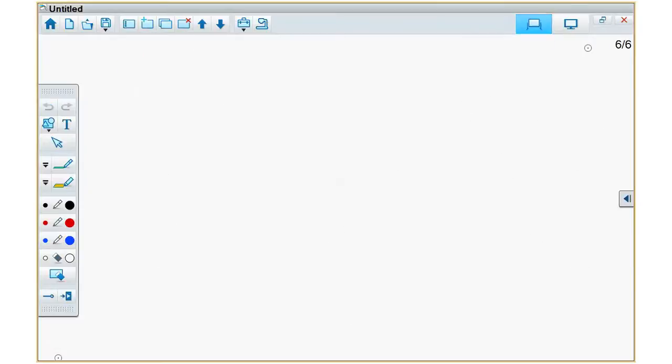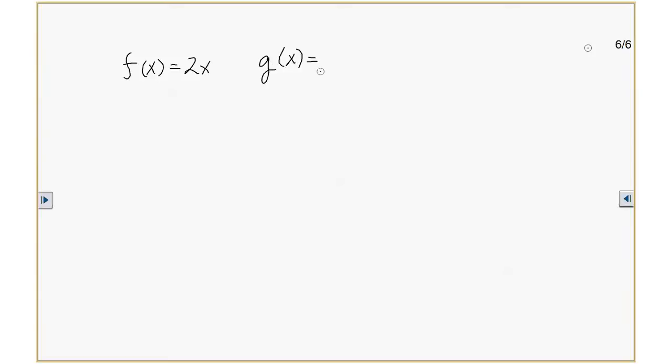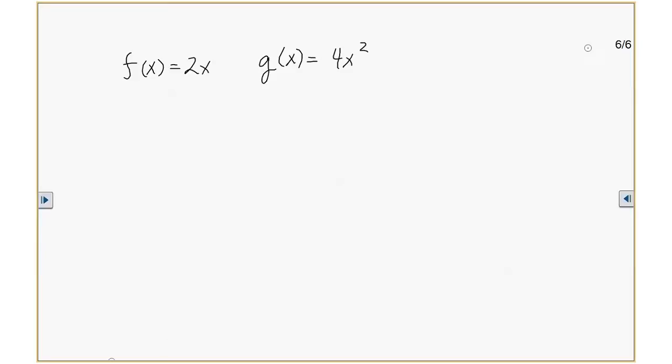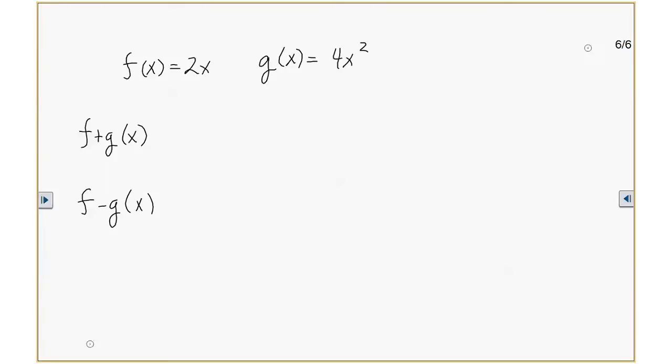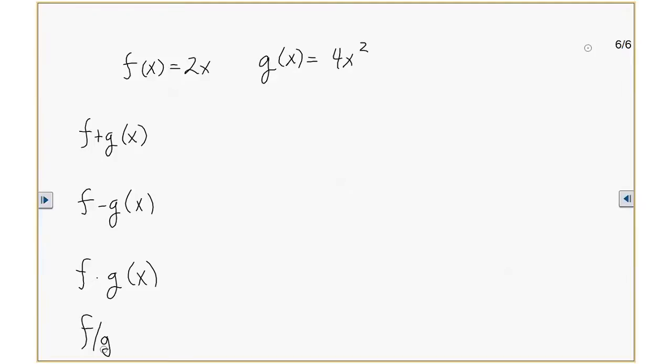And remember, you can do f, let's say f of x is equal to 2x, and g of x is equal to 4x squared. I want you to give me f plus g of x, f minus g of x, f times g of x, and f divided by g of x.